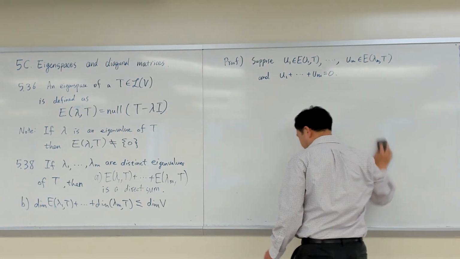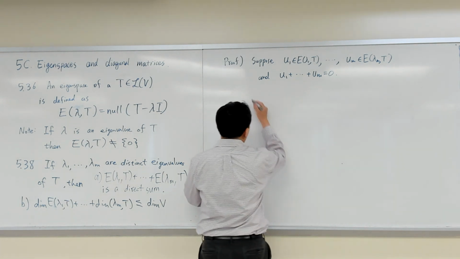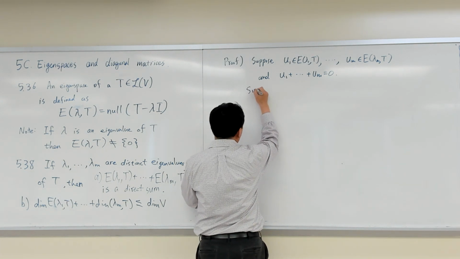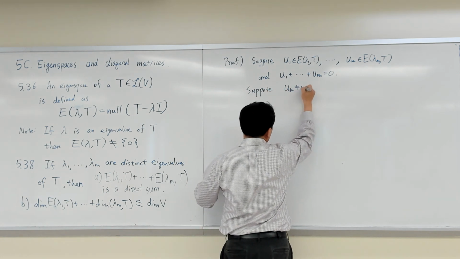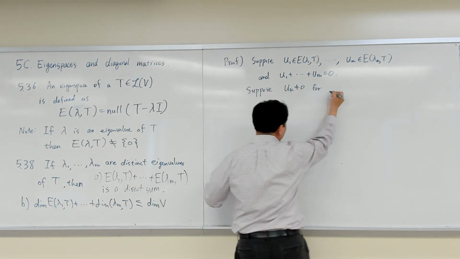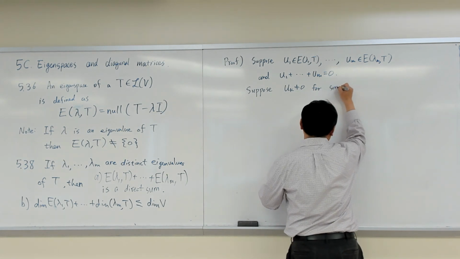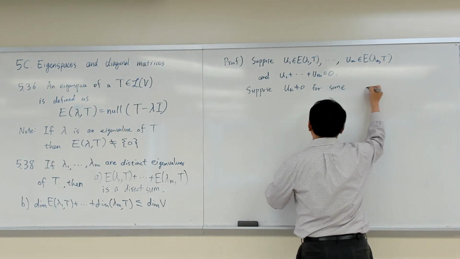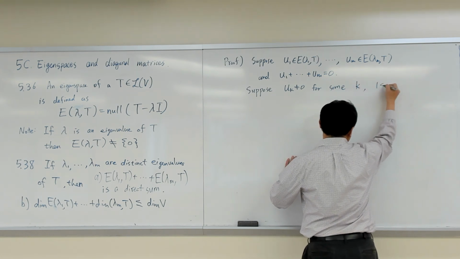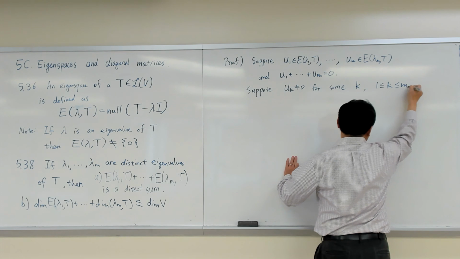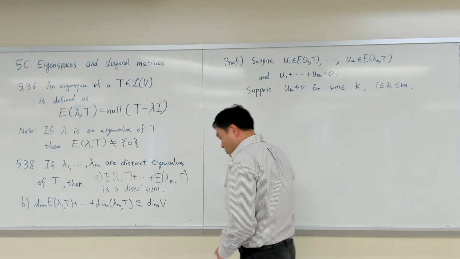Let's see. Suppose uk is non-zero for some k between 1 through m. Suppose some of these are non-zero.